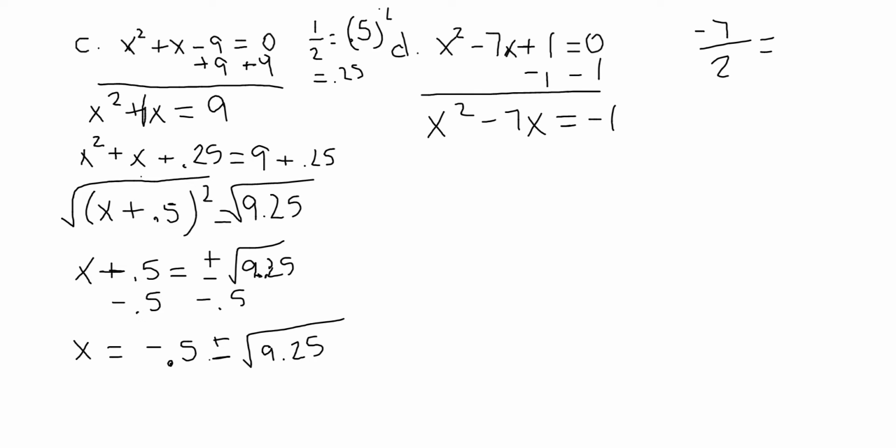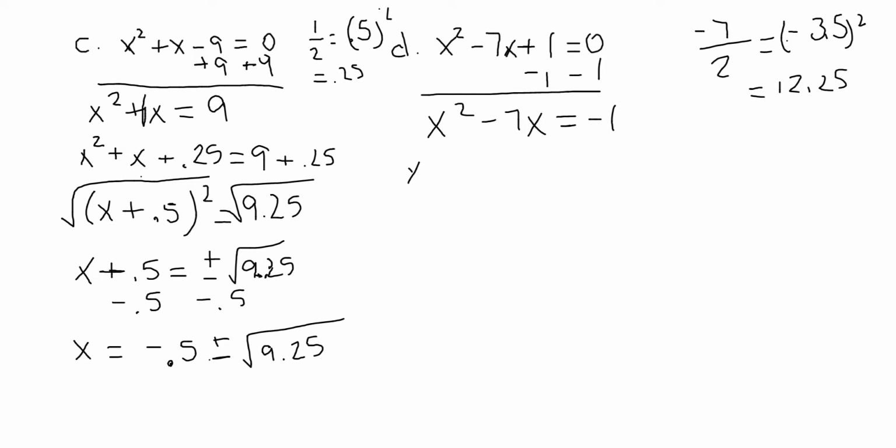I get negative 3.5. And then I have to square that. So when I square that, it gives me 12 and 25 hundredths. So that's what I'm going to add to both sides.